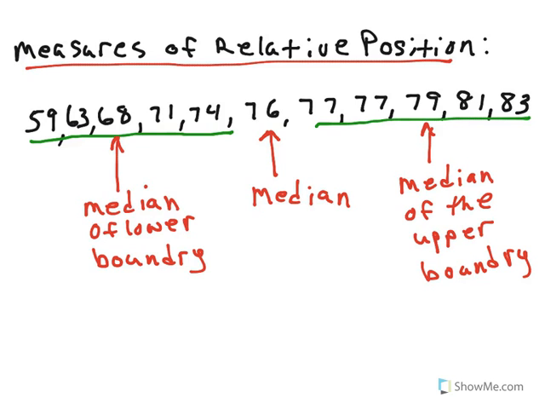Then what we call quartiles. The lower quartile is below the 68. So this would be our lower quartile.